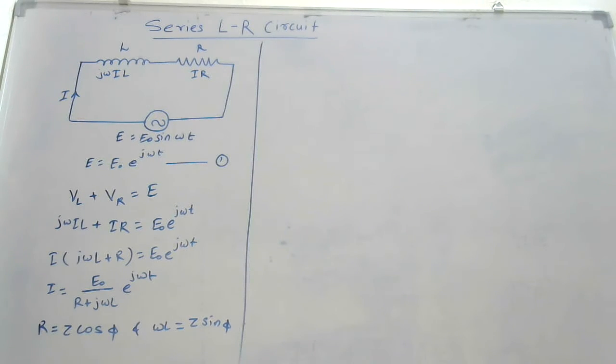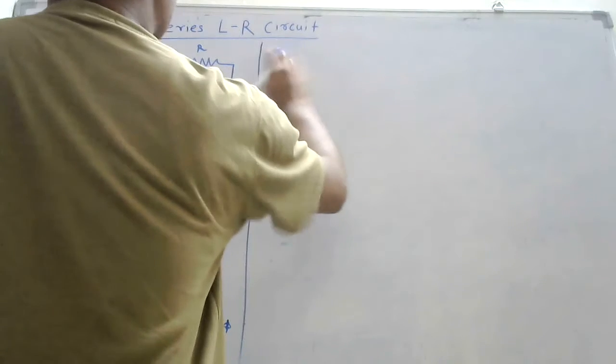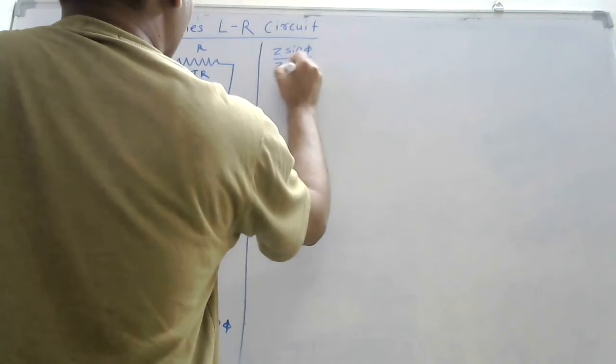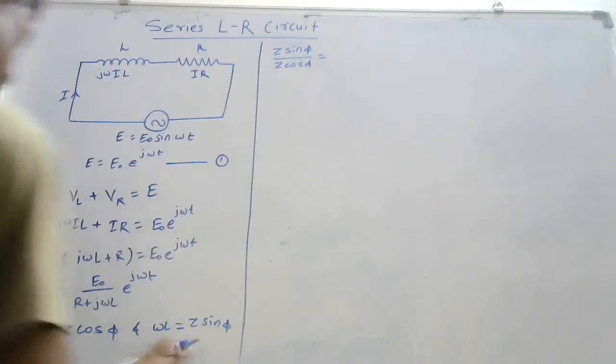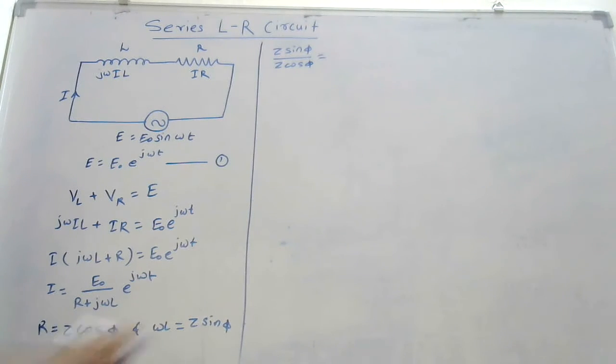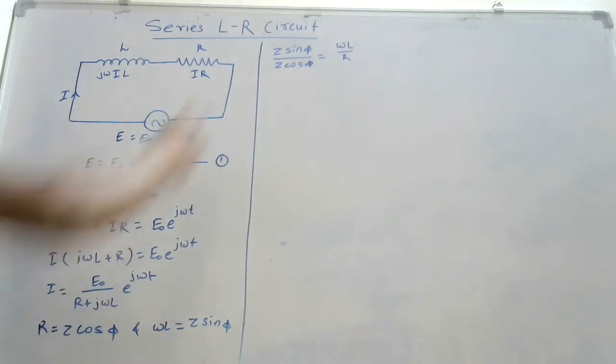Isn't it? Now from these two expressions we can divide the second by the first. Then Z sin phi upon Z cos phi equals omega L upon R. Z gets cancelled.